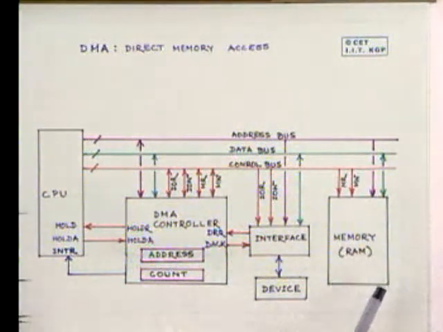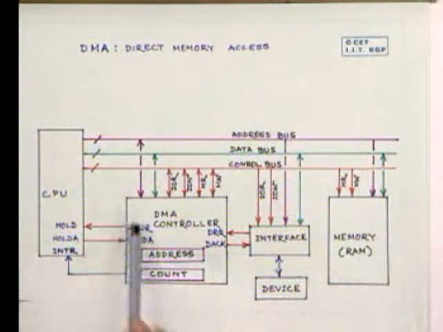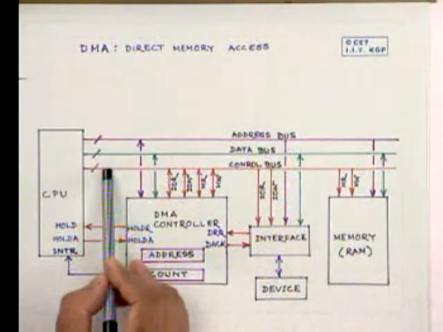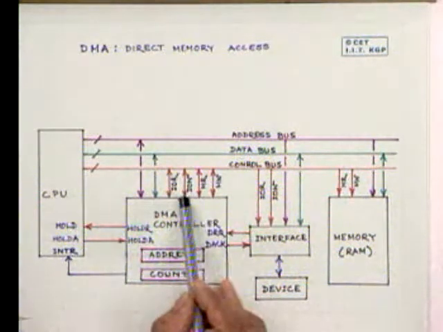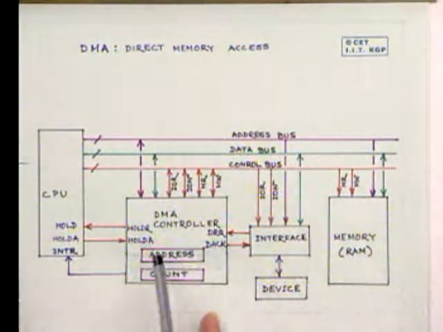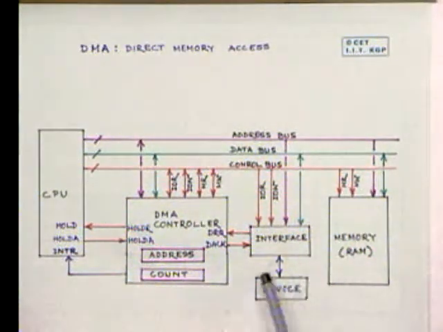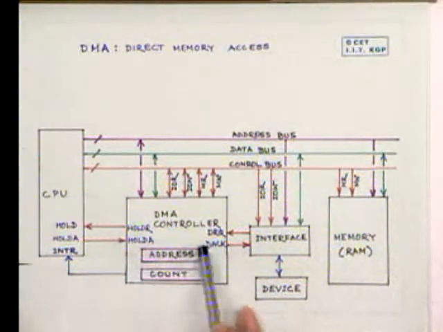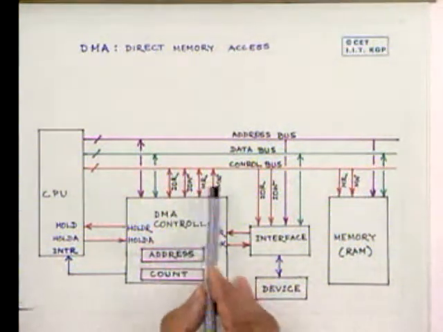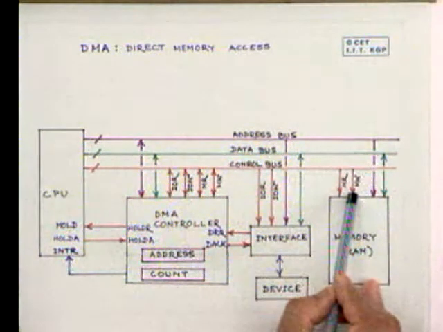Let me repeat this. The hold acknowledge comes, the control of the system bus is released by the CPU, and the DMA controller grabs the control. It sends the address where the data has to be written, since I've said that this is an input device, written into the memory from that address register here. It sends a memory write signal to the memory.